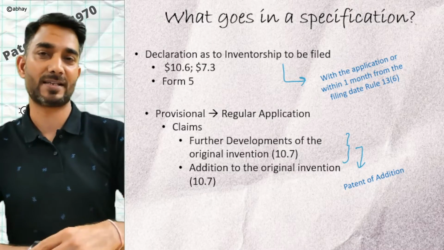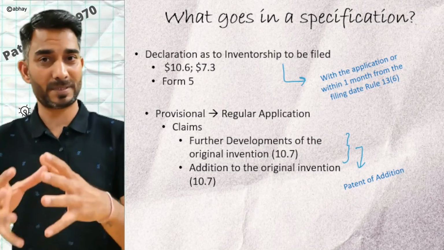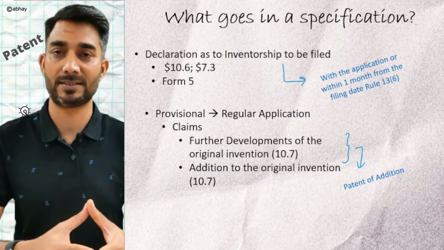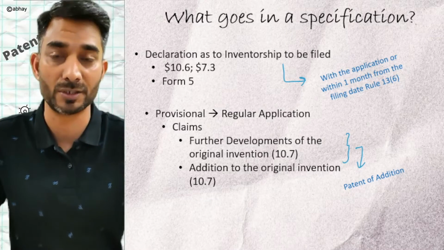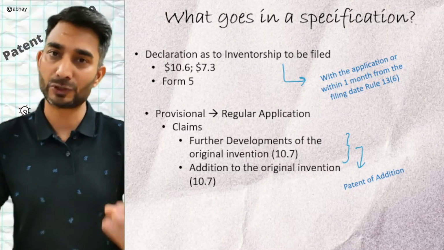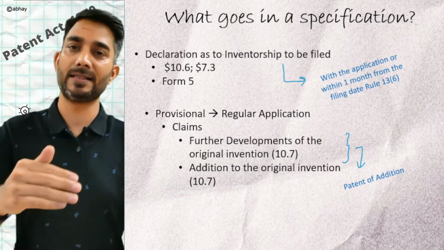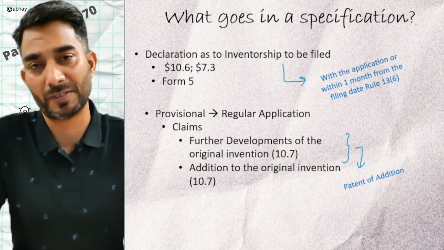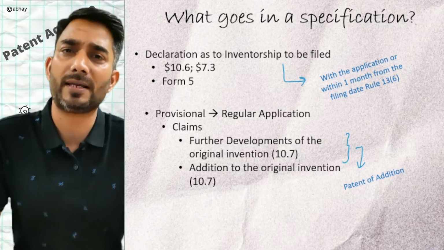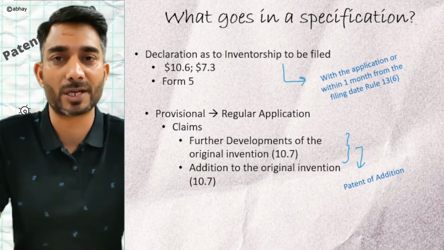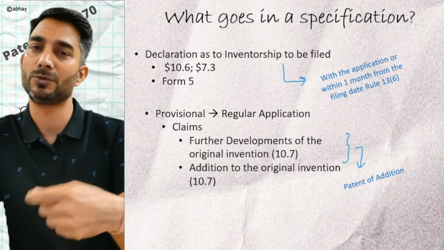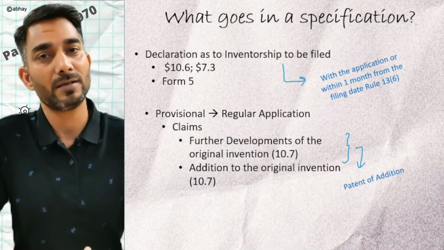We are revisiting it here again because as per section 10, the requirement says that while filing a complete specification, a Form 5 should be filed, declaring that such and such folks are the true and first inventors. If you are not able to file at the time of filing the complete specification, within 1 month from the filing date, you need to file the Form 5.